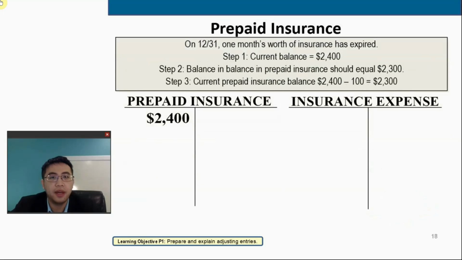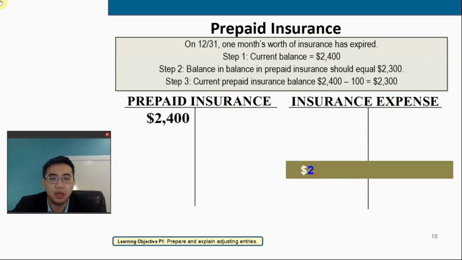And then at the end of that month, 1 month's worth of insurance has expired, and your current balance is still $2,400. So what happens is you have this insurance expense incurred during the coverage period of the month of December.